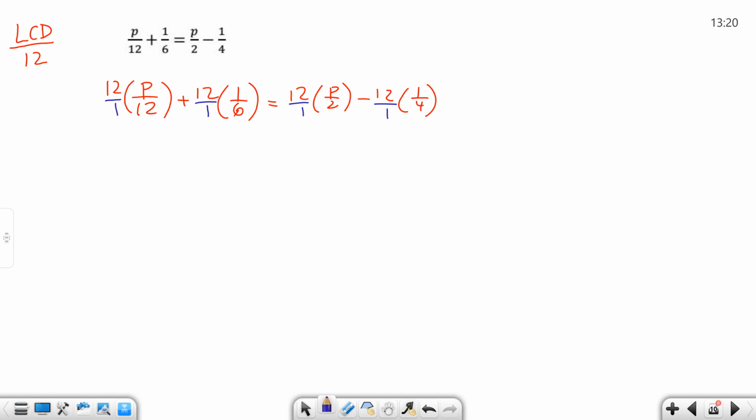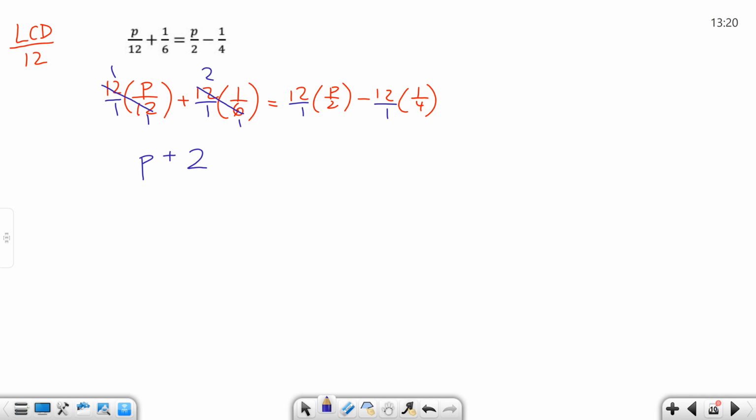And then we start with the first term. 12 over 12 becomes what? 1 and 1. That whole term becomes just a good old P. P plus what? Well, 12 over 6 becomes 2 over 1. So this whole term becomes 2 times 1 is 2, and over 1 we don't write.